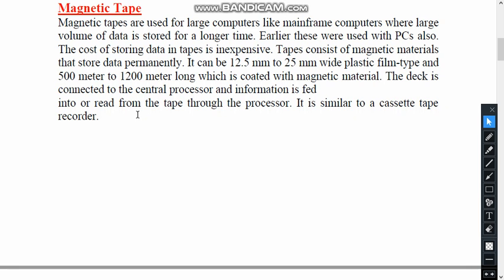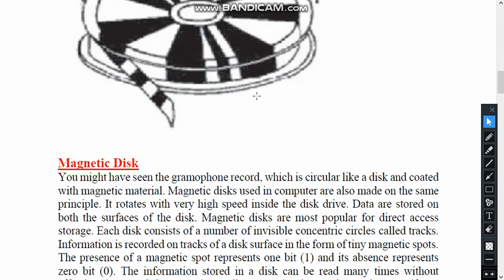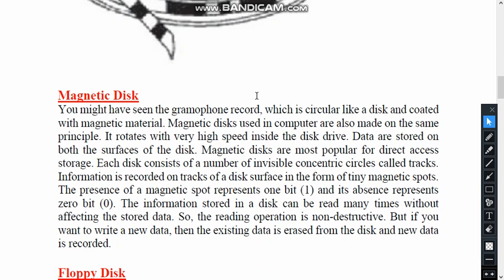Here the deck is connected to the central processor and the information is fed into or read from the magnetic tape through the processor. So here you can read as well as write into the magnetic tape. This magnetic tape is very similar to the cassette type recorder. Now let's come to another secondary memory, that is magnetic disk.